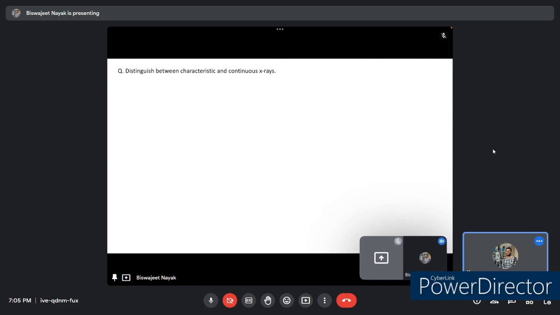So this vacancy is filled when an outer shell electron is transferred to an inner shell, which brings the atom to the ground state. So it's like a primary electron beam ejecting one electron.